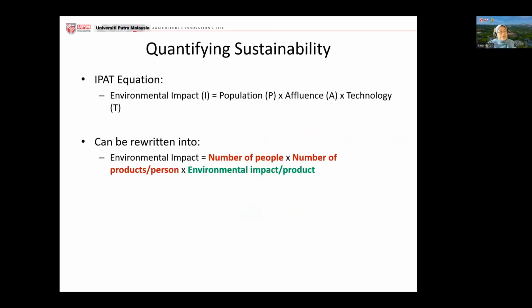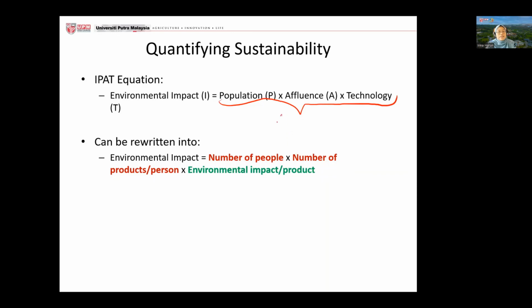So sustainability can be quantified. You can use this equation called IPAT. So it's environmental impact equals population times affluence times technology. So this is too general.